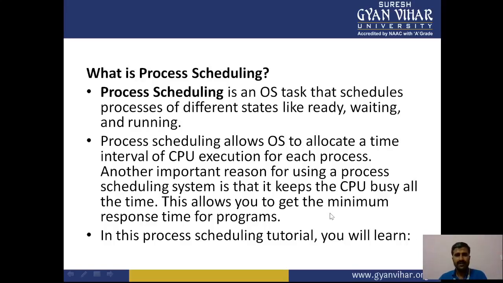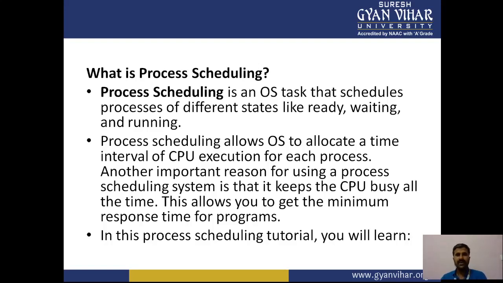Process scheduling is an operating system task, basically, to schedule the process of different states like ready, waiting, and running. Right. So basically, this is the task that schedules processes of different states, that is, how a process can be executed.